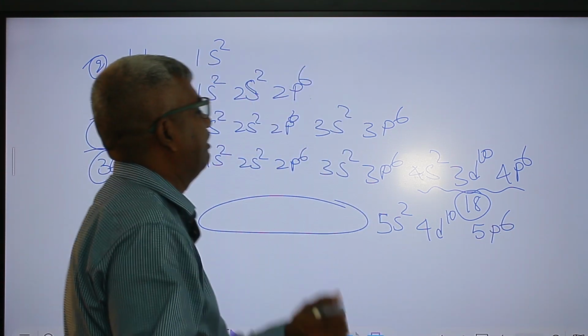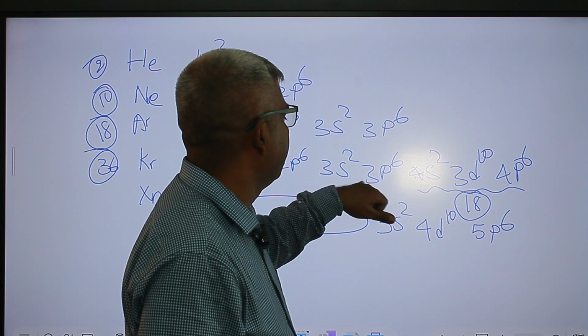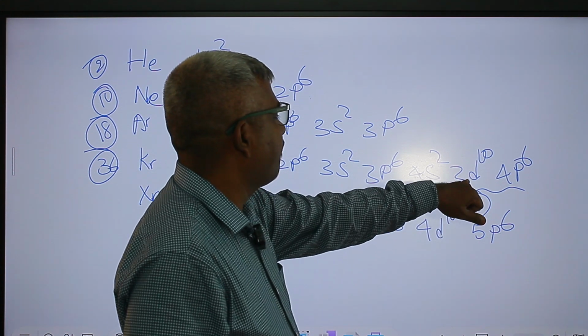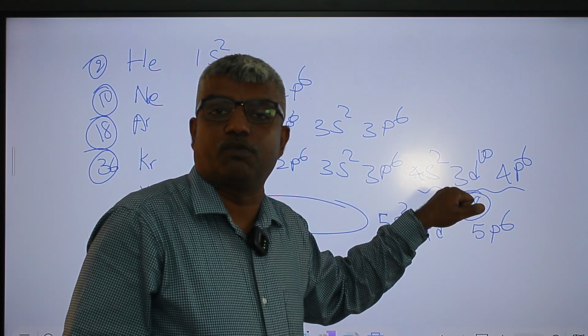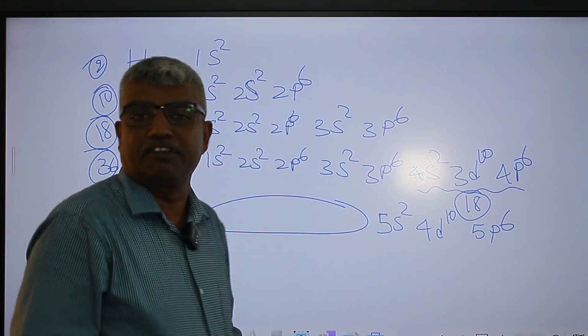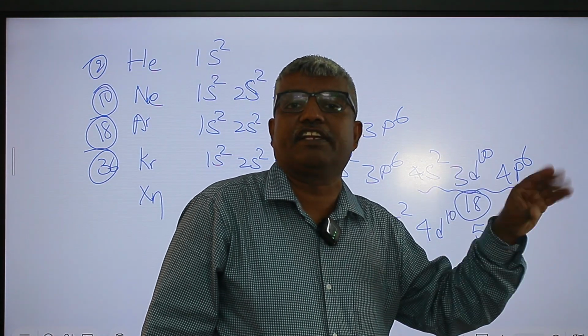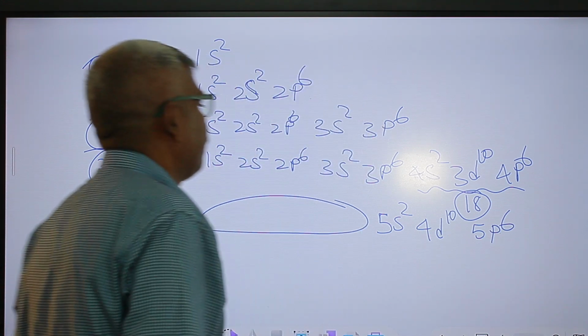You know that we are doing a separate lesson. After 3s2, 3p6, instead of 3d10, we go to 4s2 because of the Aufbau principle: electrons fill in the order of increasing energy.